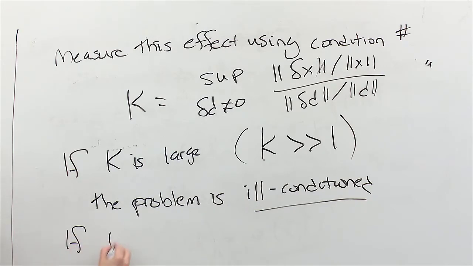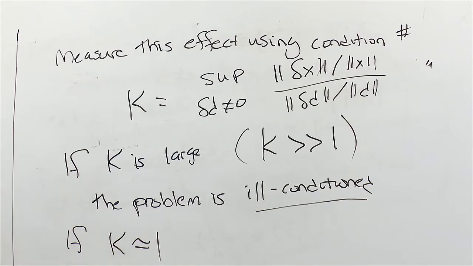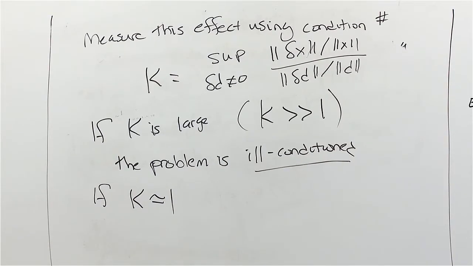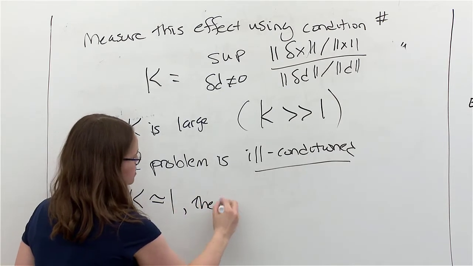On the other hand, if K is close to 1, which is good, that means the error in the data is on par with the error in the solution, then the problem is well conditioned.